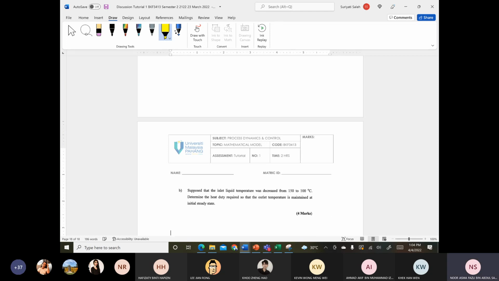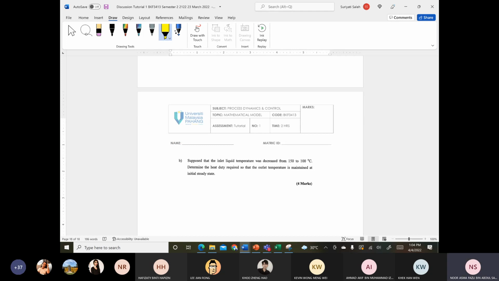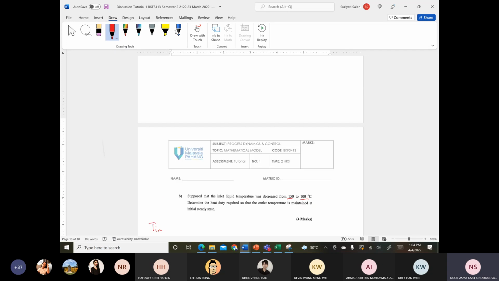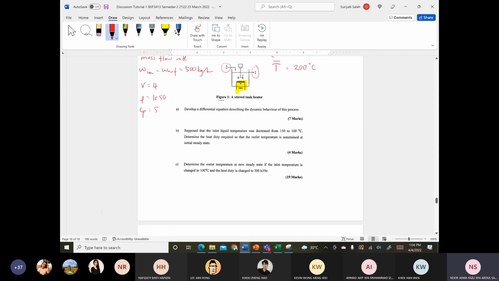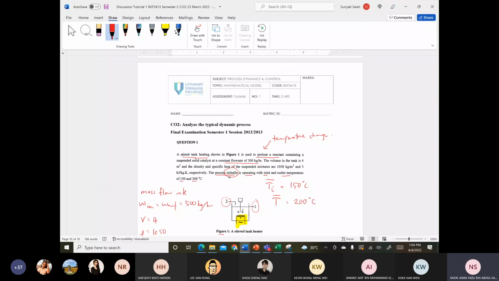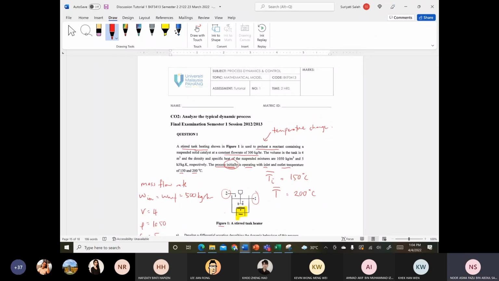Question B: suppose that the inlet liquid temperature was decreased from 150 to 100 degrees C. So here the inlet liquid temperature is T in. T in was decreased from 150 to 100 degrees C. Remember that initially the inlet temperature is 150.